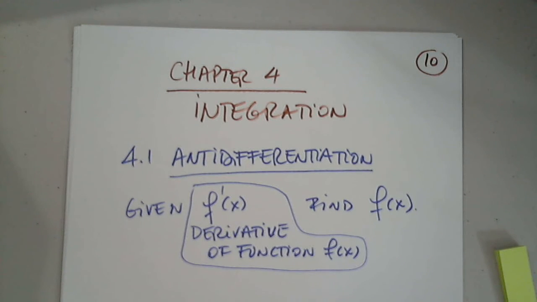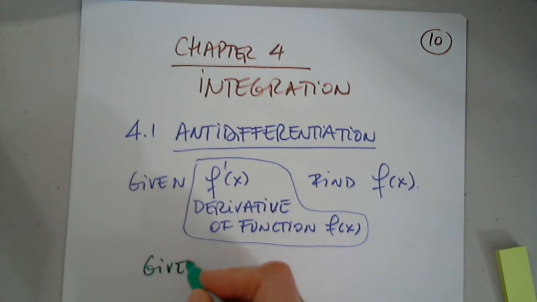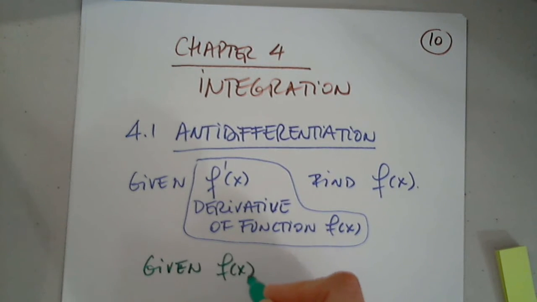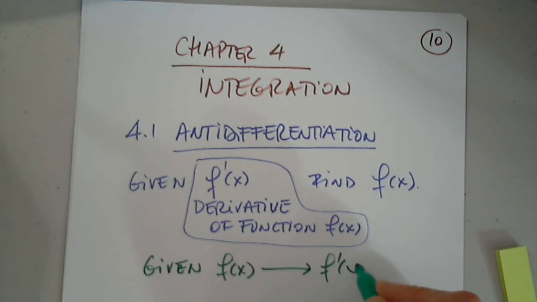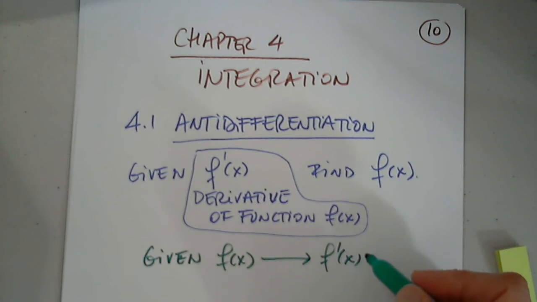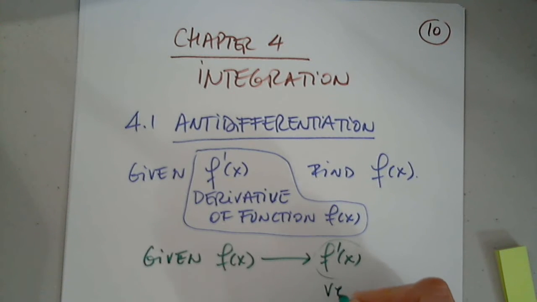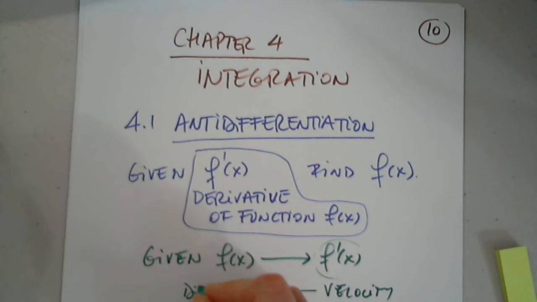So this is very unusual, right? Because the entire semester so far, we were given f of x, and we were asked to find f prime. But now they are giving us the derivative, for example the velocity, and they want us to find the distance function.